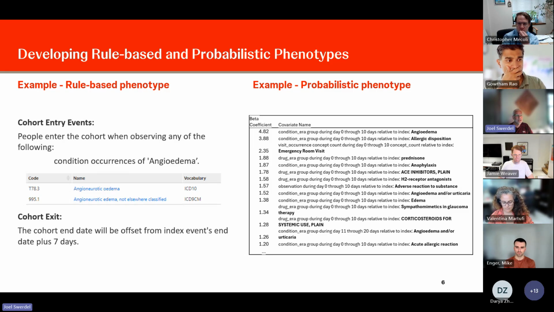And it comes up with a set of covariates weighted with a beta coefficient to be able to determine the probability of someone having the condition of interest. So in this case, the regularized regression might give you things like angioedema, a look for allergic disposition, emergency room visit, prednisone, all those things with all the different weights from the betas.